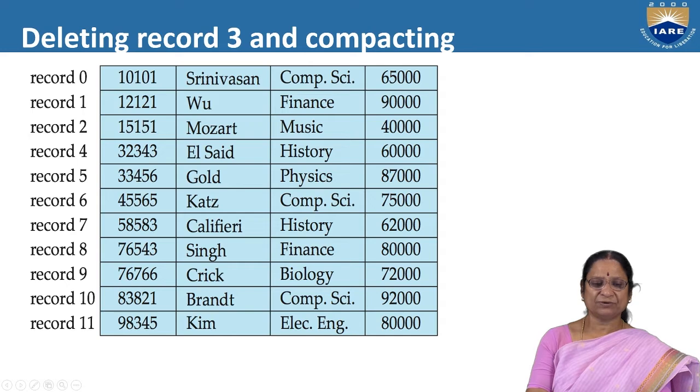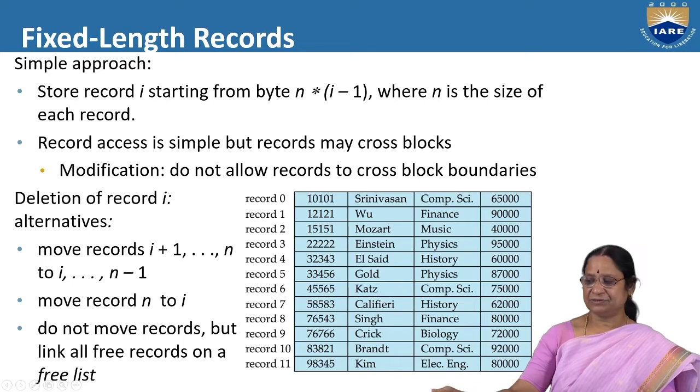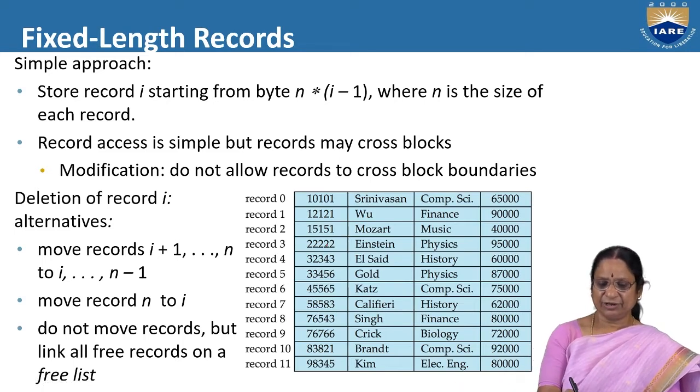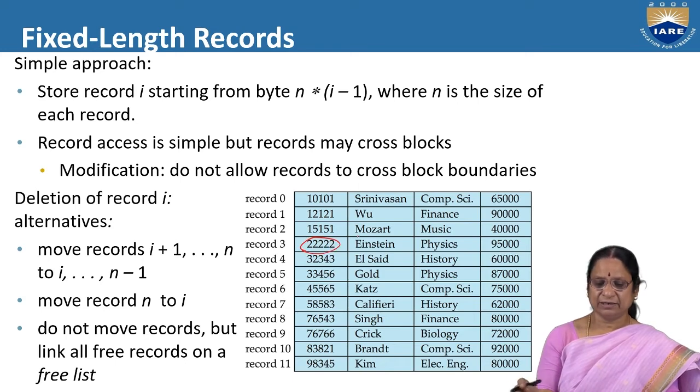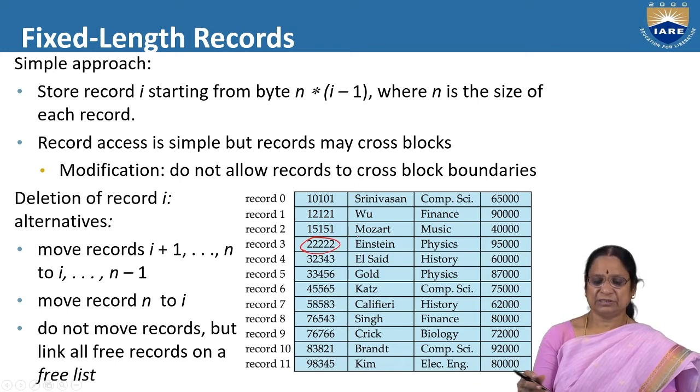So you observe here a table was given and record 3, this is the table. Record 3 we are going to delete. If you would like to delete record 3, this is the 2222, the record number. This is going to be deleted.